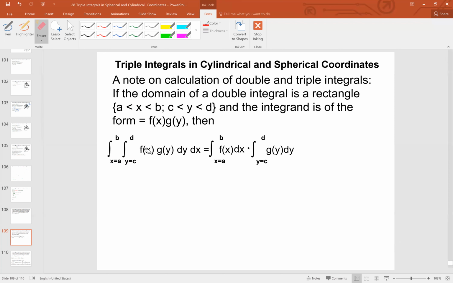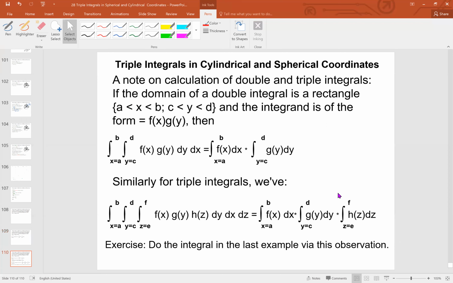We can treat one factor as a constant, so f of x can be pulled out. The integral becomes the product of the x integral with respect to x times the y integral with respect to y. Sometimes these are convenient rules.